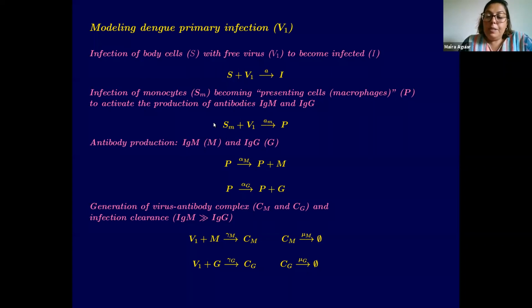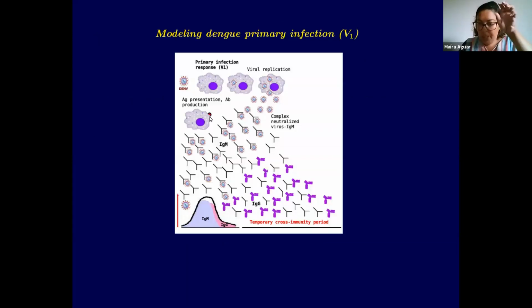We have a third cell, which is called macrophage, and this cell is very important for the immunological response because this is the cell which is going to phagocyte this virus and will also be differentiated in the so-called presenting cell. This presenting cell is basically this one here, which is going to present the virus and will trigger the production of those antibodies.